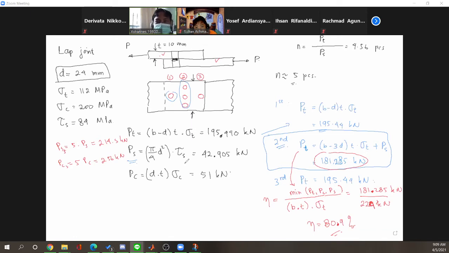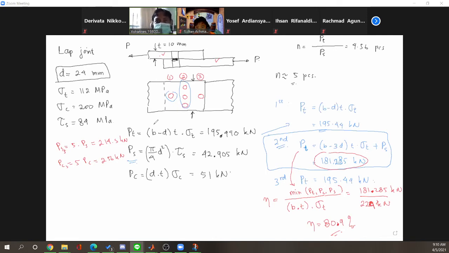So to emphasize, for the single lap joint, the total rivets will be put on this single overlap area, but for the double strap butt joint, the total number of rivets only represents the number of rivets on the left side or the right side only.